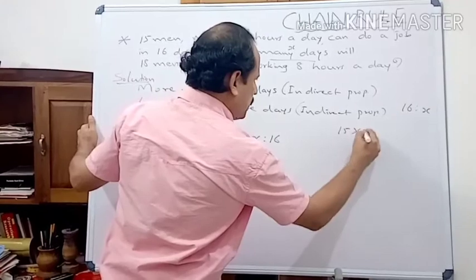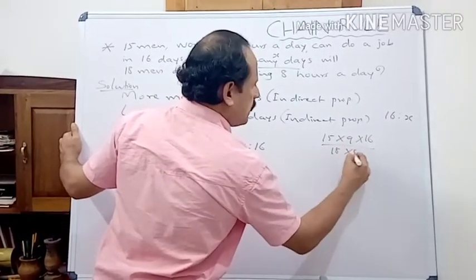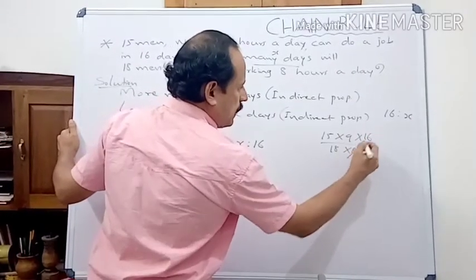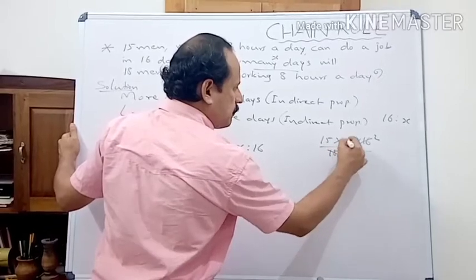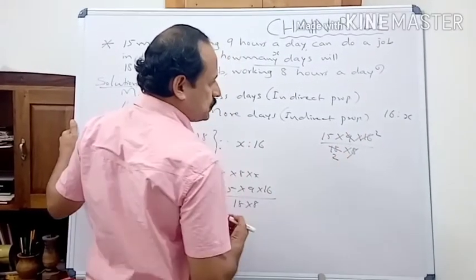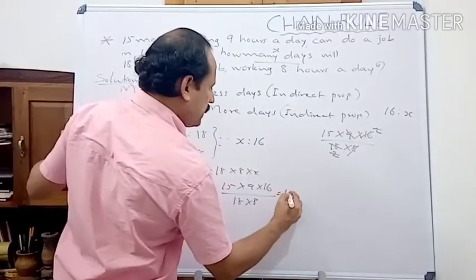Simplification: 16 by 8 is 2. 18 by 9 is 2. Cancel 2 and this 2, remains 15.